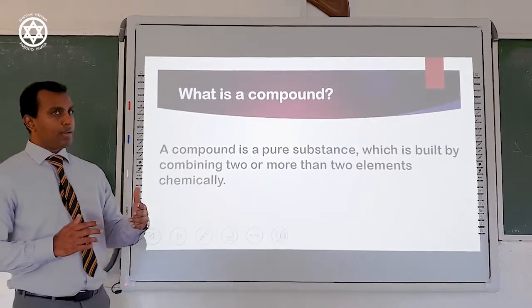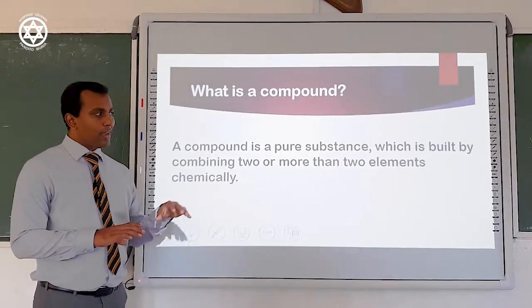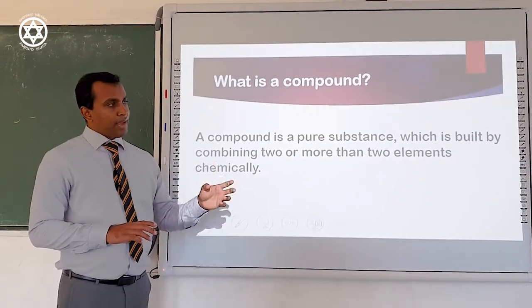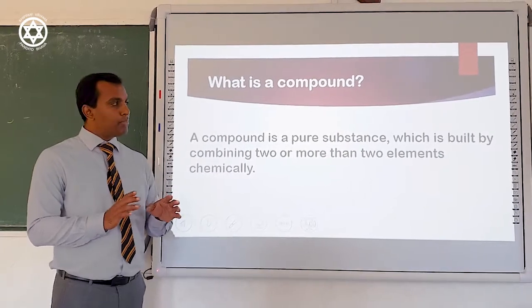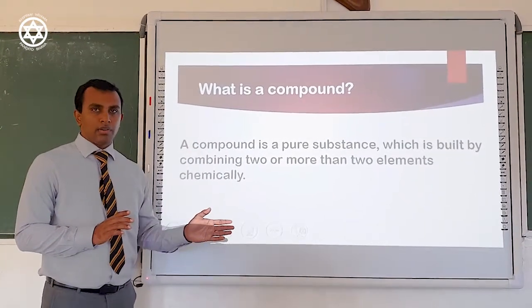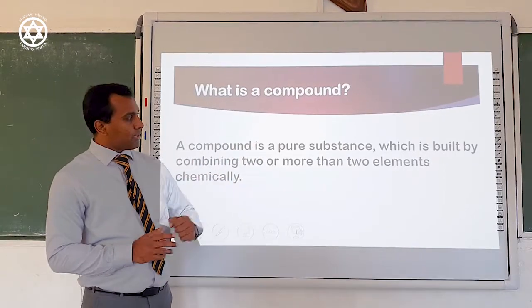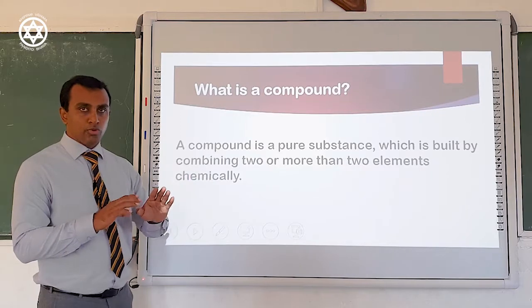We are learning about elements and compounds separately because in this unit you are learning about measuring the mass of an element and a compound separately. Therefore, you must have a simple idea about what is an element and what is a compound. So a compound is a pure substance which is built by combining two or more than two elements.